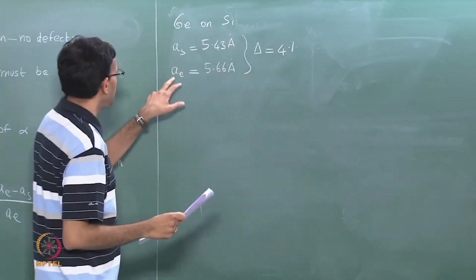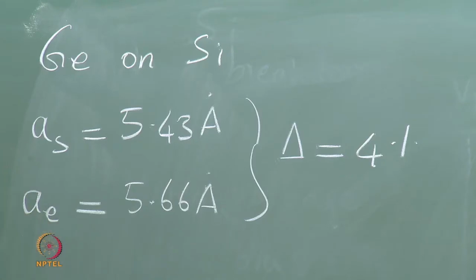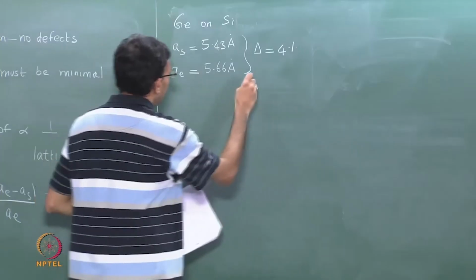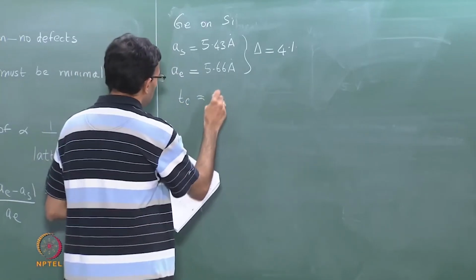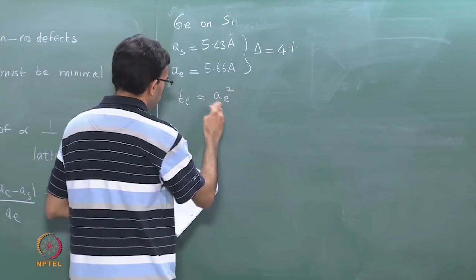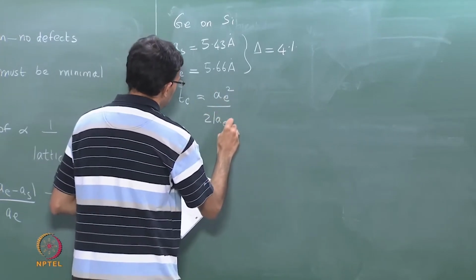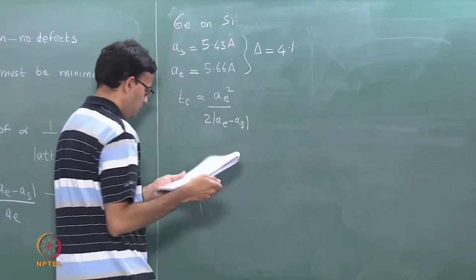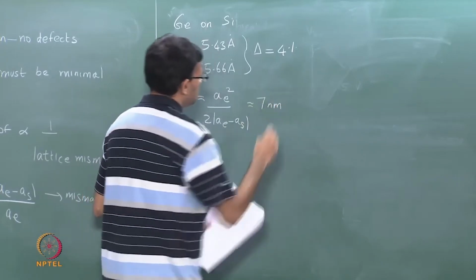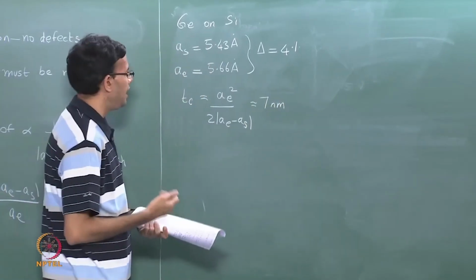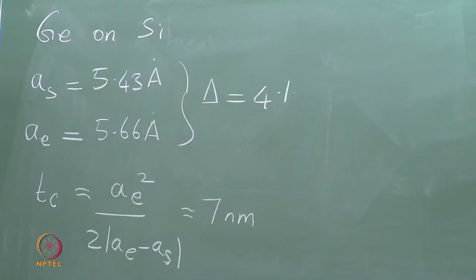So, it is nothing but AE minus AS divided by AE. So, the critical layer thickness that you can grow, if you use the formula AE square over 2 times AE minus AS, works out to around 7 nanometers, which means you can grow a layer of germanium on silicon up to 7 nanometers. There will be some inherent strain in the germanium, but if you go beyond that, you are going to form defects in the material.